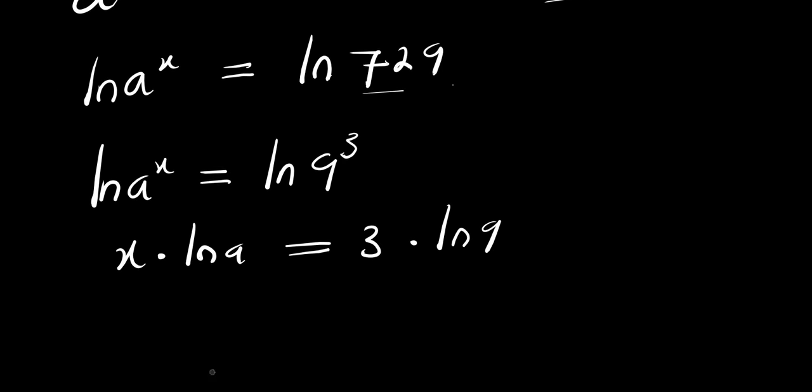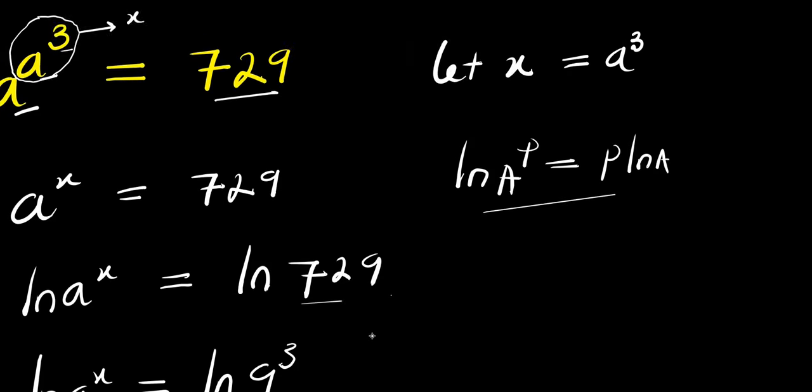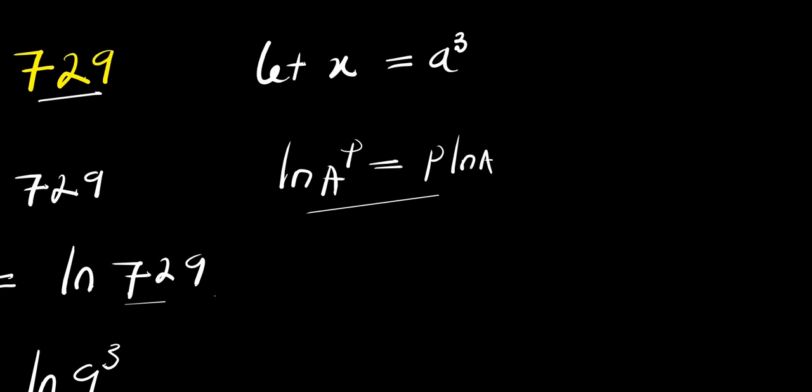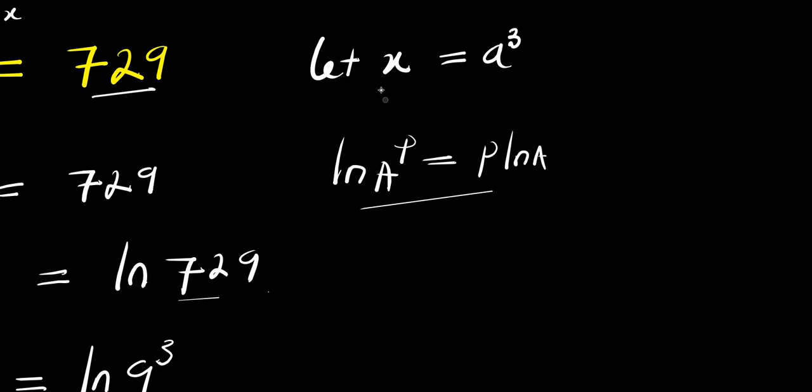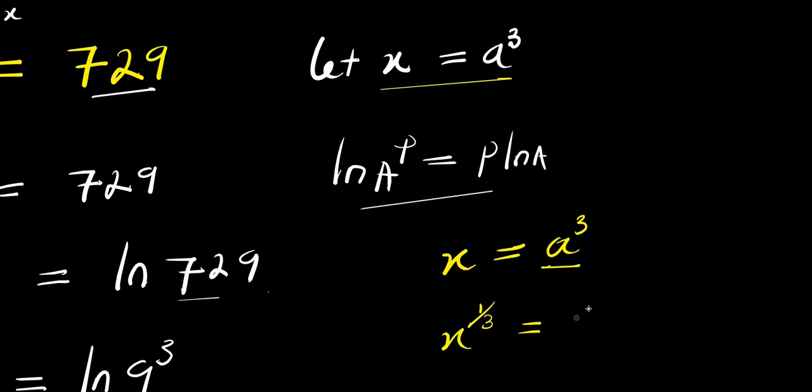Now, if you observe, we have x and a, two different variables. So let's ensure that we make the two variables to be the same. If x equals a power 3, that means we can isolate a. That means I have x power 1 over 3 equals a power 3 to the power of 1 over 3.